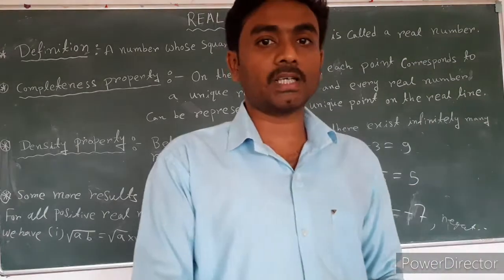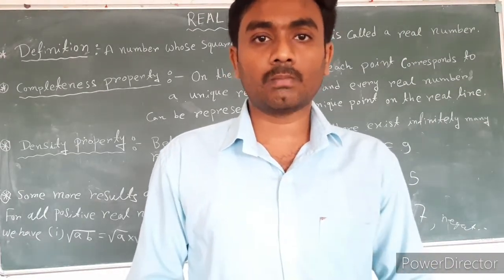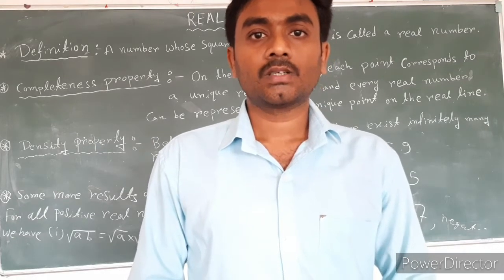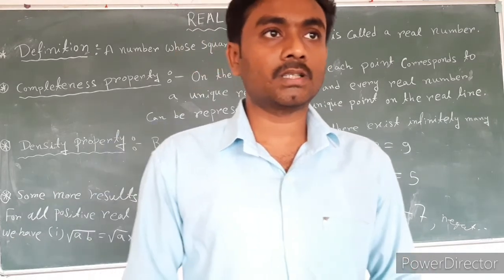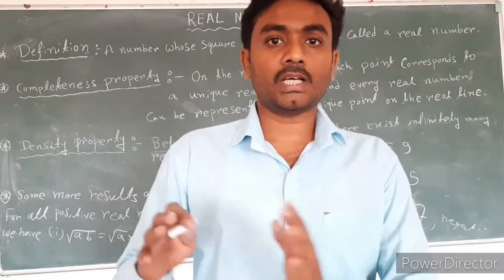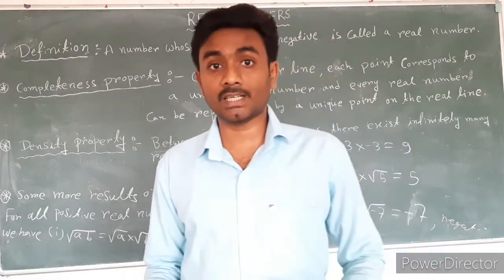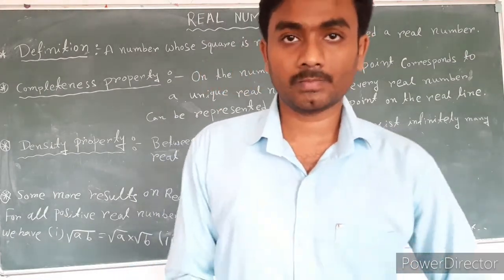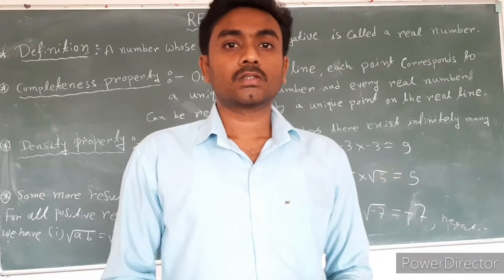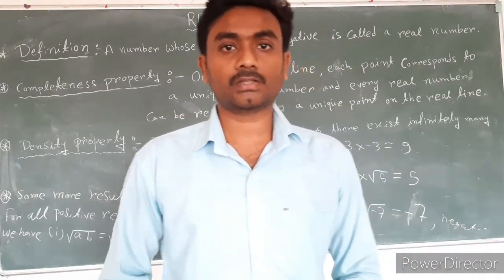In the rational part, all the numbers such as natural numbers, whole numbers, integers, fractions all belong to the rational number group, and the other group is irrational numbers. So rational and irrational numbers make real numbers. Now we know about two important properties of real numbers.